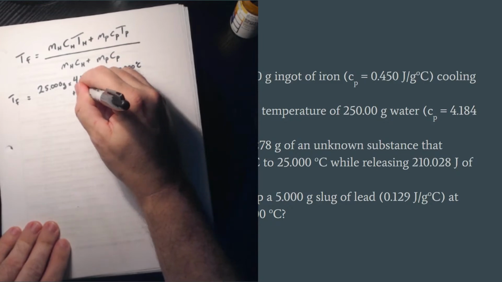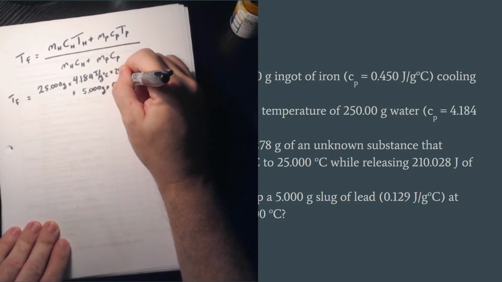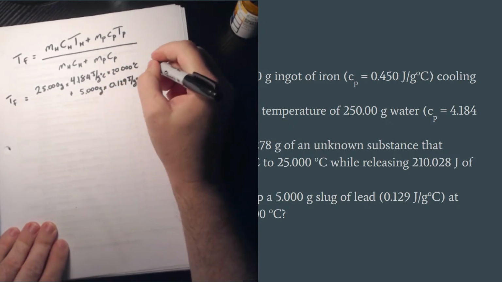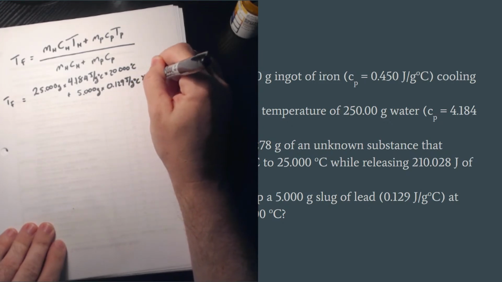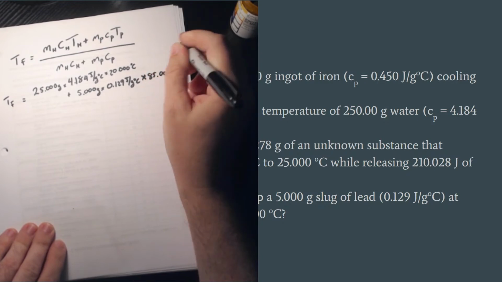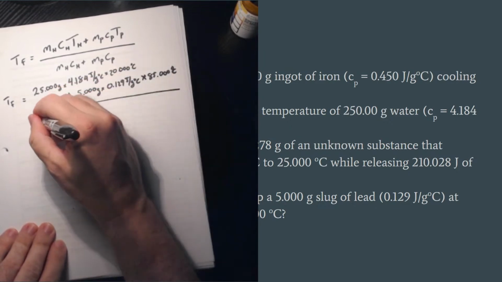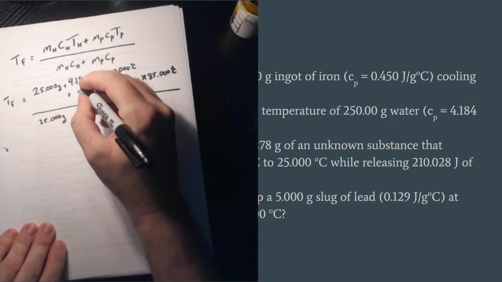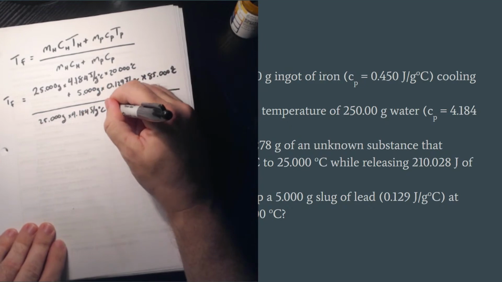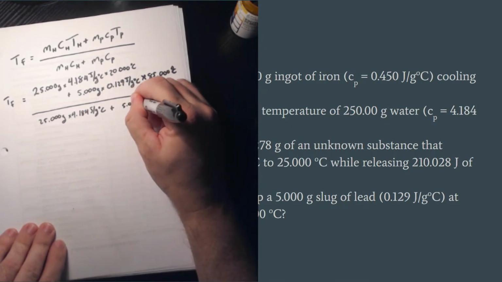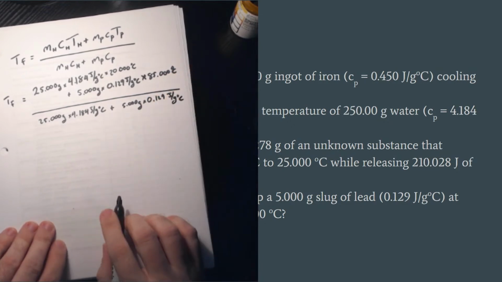The mass of the lead is 5 grams. The specific heat capacity of lead is 0.129 joules per gram degree Celsius. And the initial temperature of the lead is 85.0 degrees Celsius. All divided by mass times specific heat, no temperature. So 25.000 grams times 4.184 joules per gram degree Celsius plus 5 grams times 0.129 joules per gram degree Celsius.